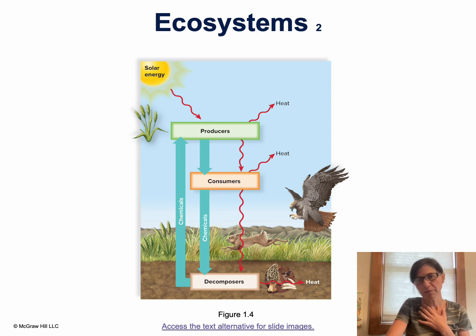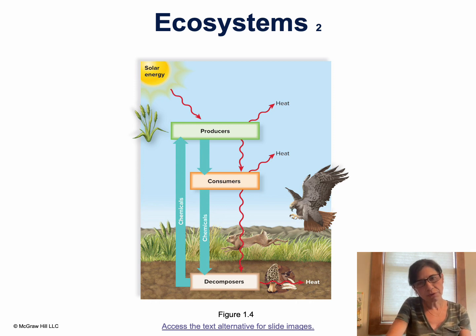So there are types of organisms called producers that can utilize the energy from the sun and convert it to chemical energy, to molecules that consumers such as humans then eat. So the energy is flowing from the sun to the producers, those photosynthetic organisms, to the consumers, and with each of those transfers, some energy is lost.